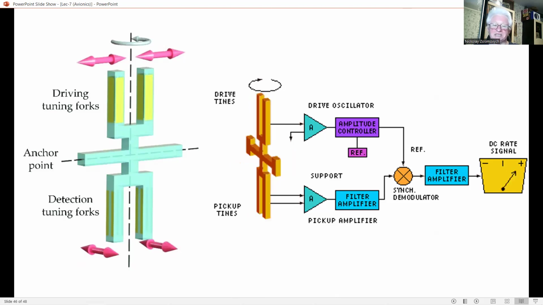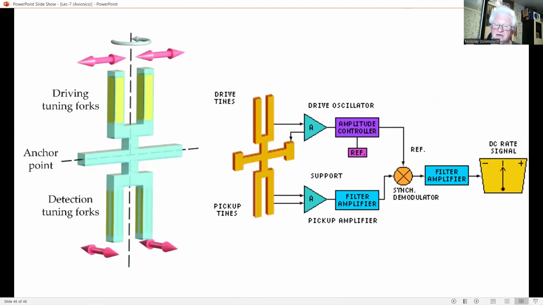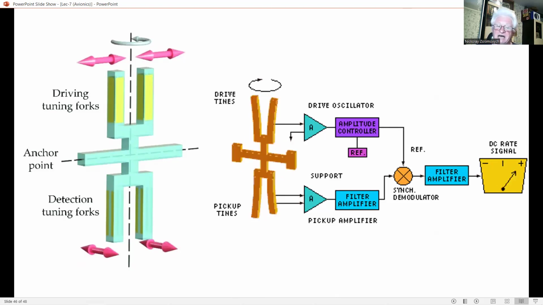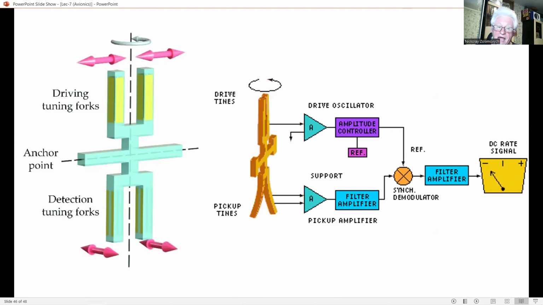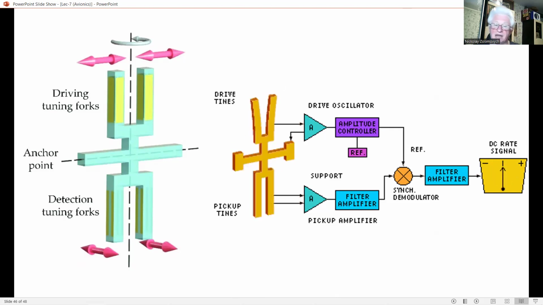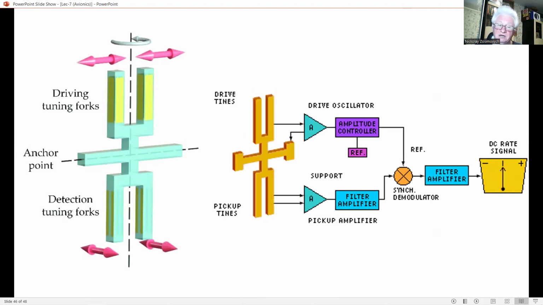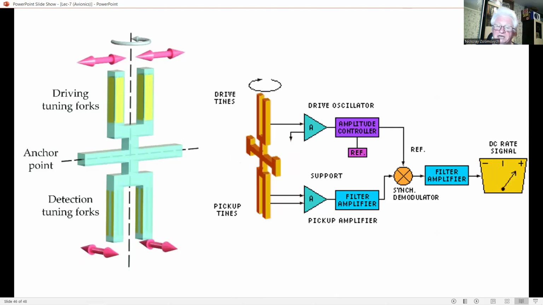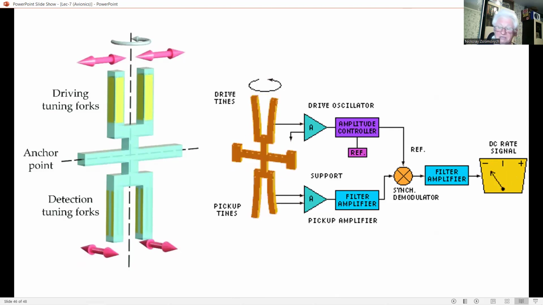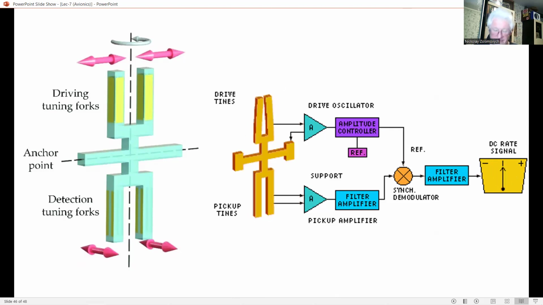The piezoelectric drive tines are driven by an oscillator to vibrate at a precise amplitude. An applied rotation rate about an axis parallel to the vibrating tines causes a sine wave of torque to be produced, resulting from the Coriolis acceleration, as explained a bit earlier. Okay?